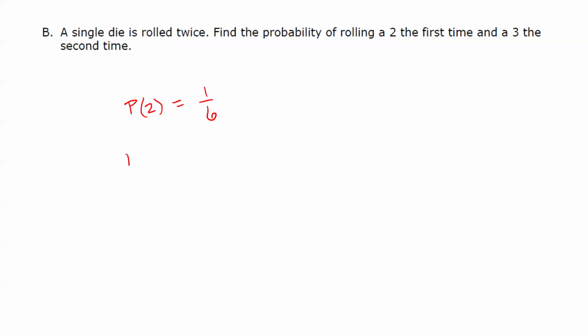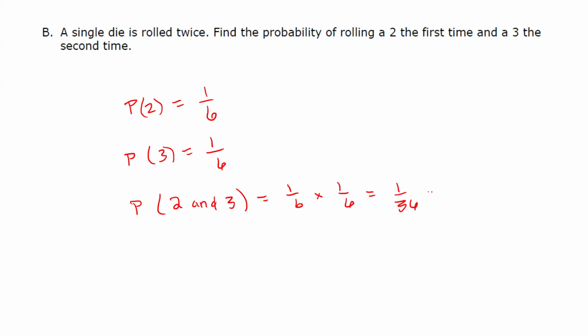The probability of rolling a 3 is also 1/6. So the probability of rolling a 2 and a 3 will be 1/6 times 1/6, which is 1 over 36, or 0.0278.